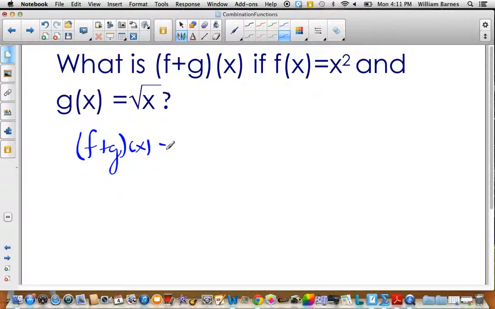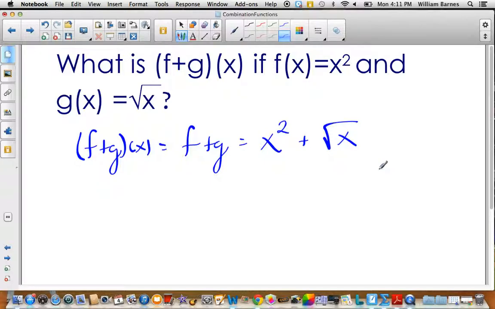So f plus g of x is the same as f plus g, and of course my f is x squared, and my g of x is the square root of x. If there were like terms here, we could add those together, but there's not a whole lot we can do with that, so we're just going to leave it alone.